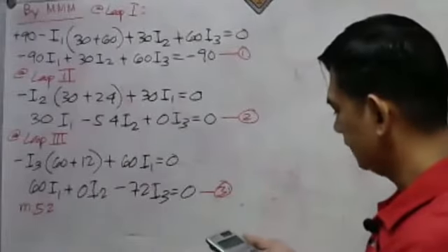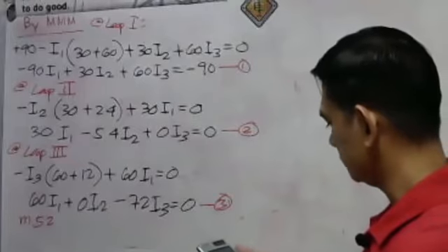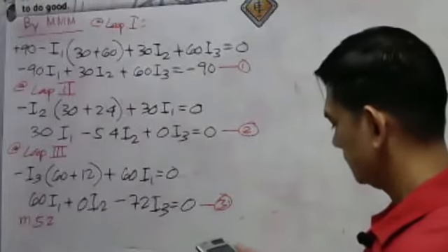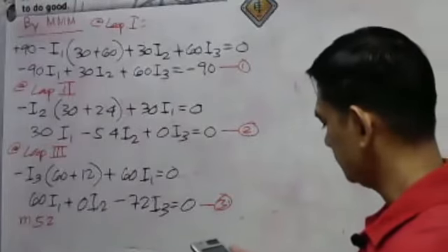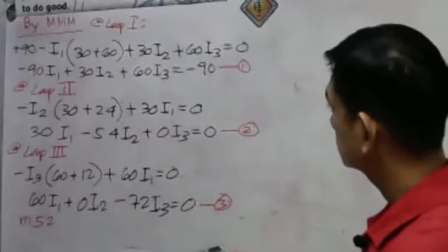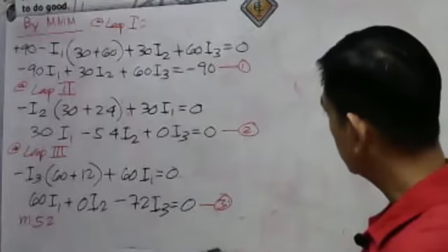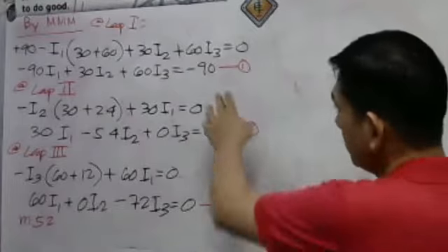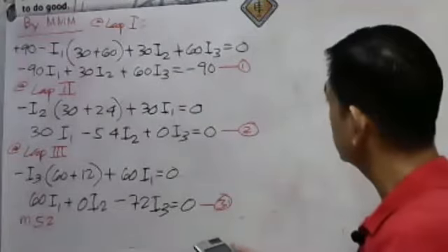So negative 90 equals, then 30 equals, then 60 equals, negative 90 equals. That is for equation number 1.